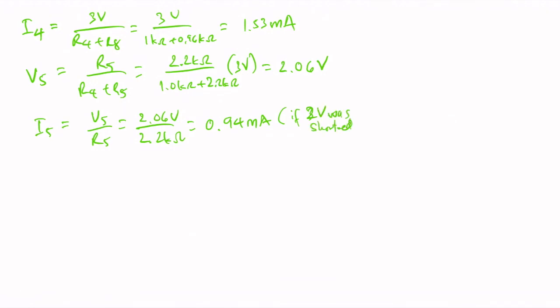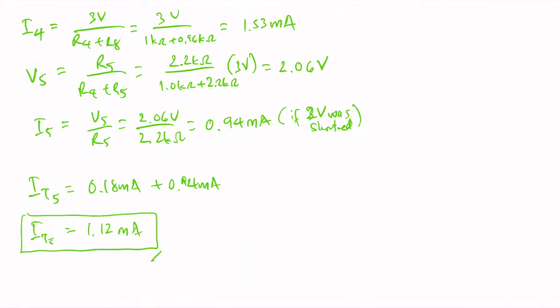So according to the superposition principle, the total current through I5 is 0.18 milliamperes plus 0.94 milliamperes, which is equal to 1.12 milliamperes. Okay, so that's how we use the superposition theorem.